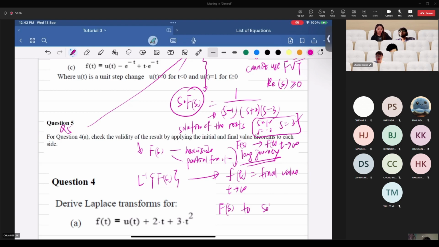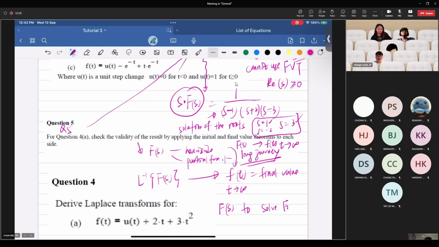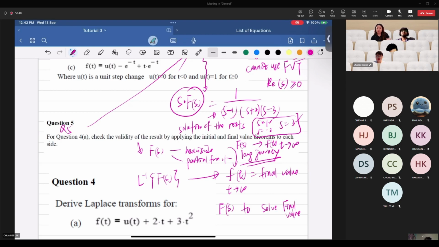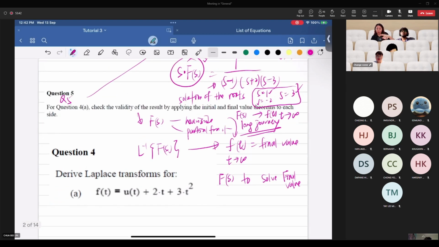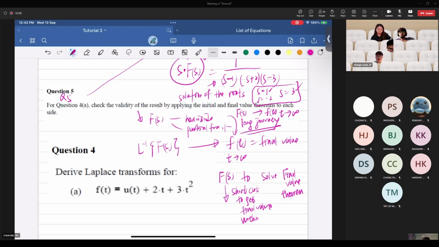to solve the final value, you don't need to do the inverse Laplace to get f(t). That's why it is the final value theorem. It is a shortcut to get the final value without getting f(t), like the partial fraction long solution.